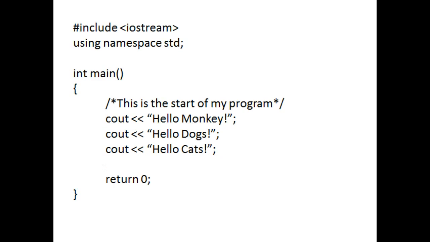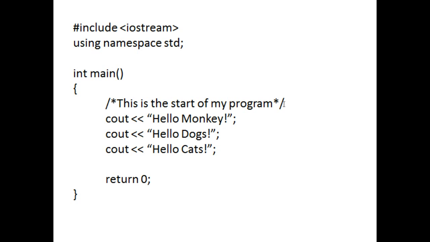The second type of comment is the older one, which is a bit of a hangover from the C programming language, and this is a multi-line comment. This is comprised of a forward slash and a star, and then anything after that up until we receive a star and then a forward slash again is considered to be a comment.